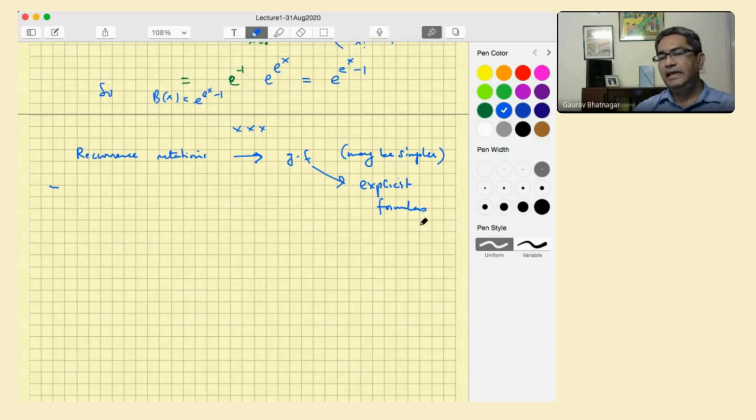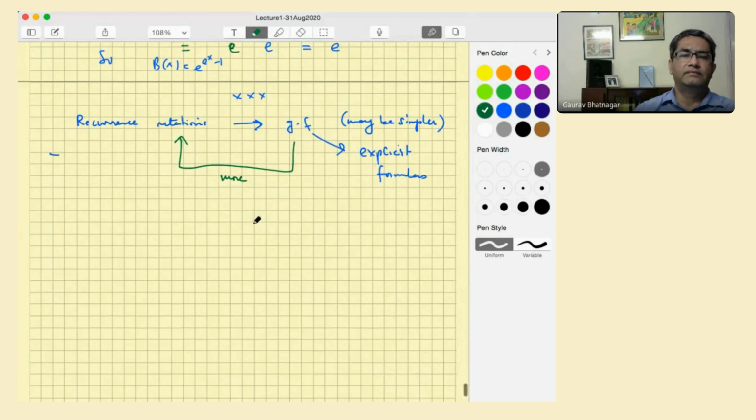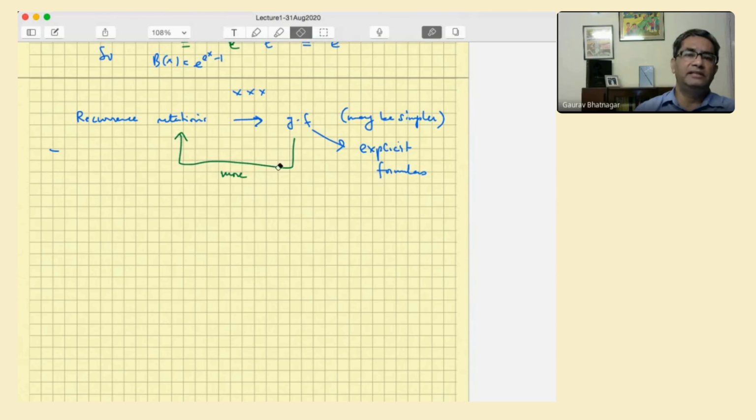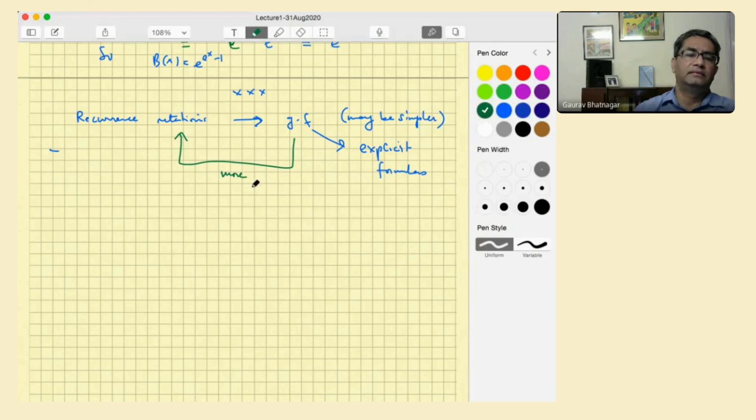This happened in the case of Fibonacci, for example, or it could also lead to some more recurrence relations, or maybe nicer recurrences. So this is a general theme.